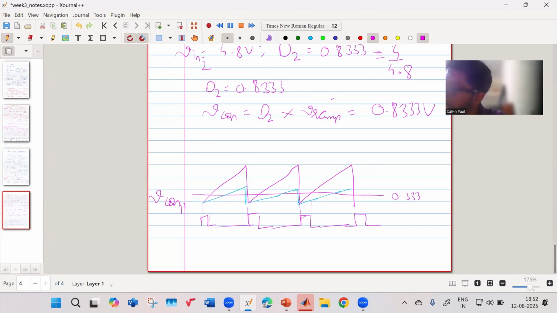But in the second case, your duty will come out to be something like this. So your duty has changed, your gate signal has changed, but your Vcon will remain the same. That is the beauty of input voltage feed forward. Your control voltage doesn't need to adjust so much because your ramp itself is adjusting accordingly.